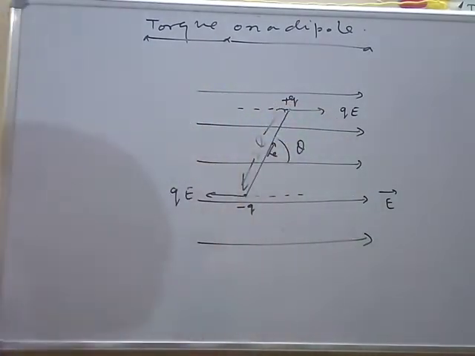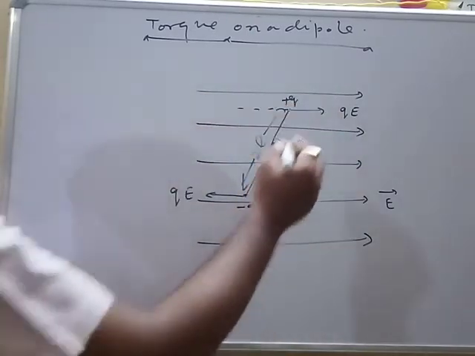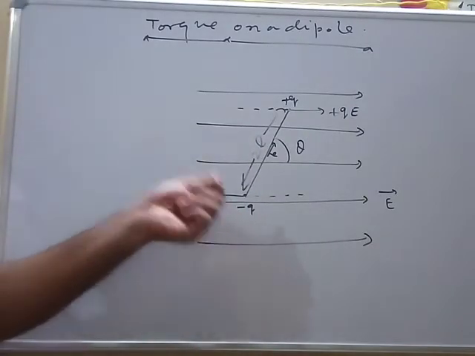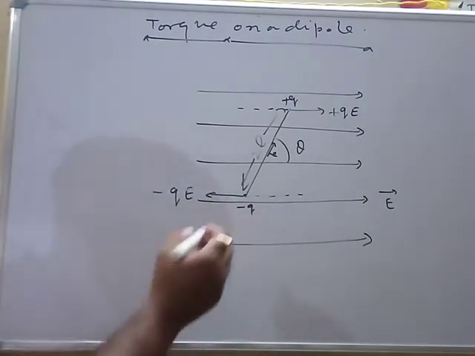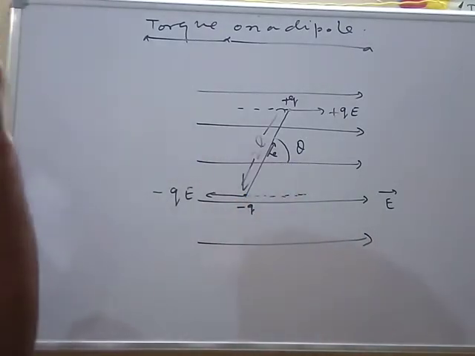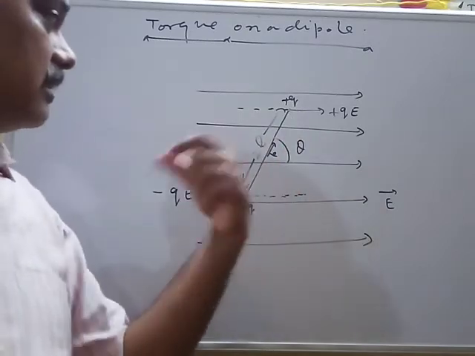But these forces, equal in magnitude and opposite in direction, exert torque. Means these two forces, qE on the plus charge and minus qE on the negative charge, are equal in magnitude and opposite in direction, but they are at different lines of action and therefore form a couple.